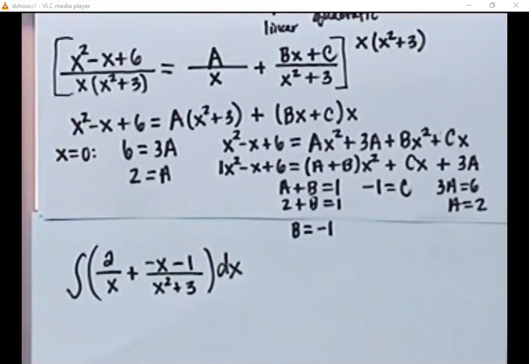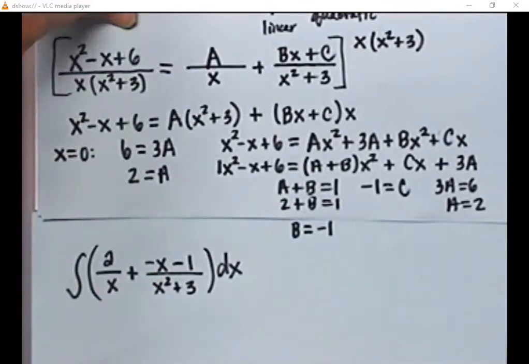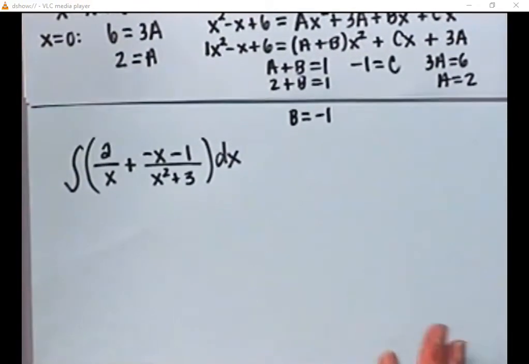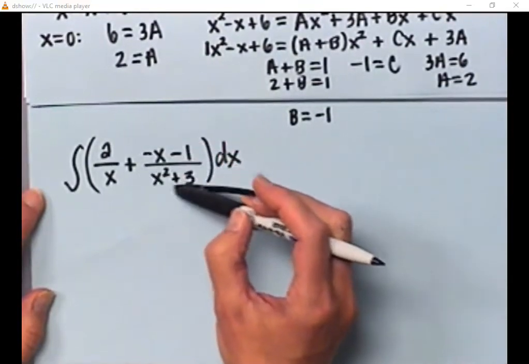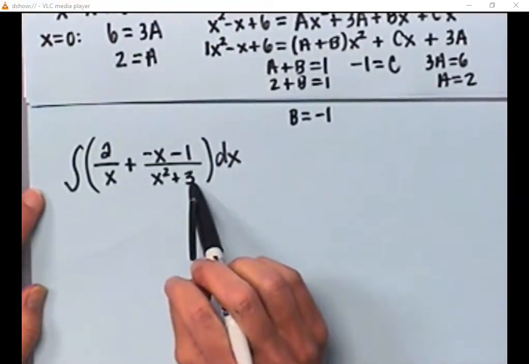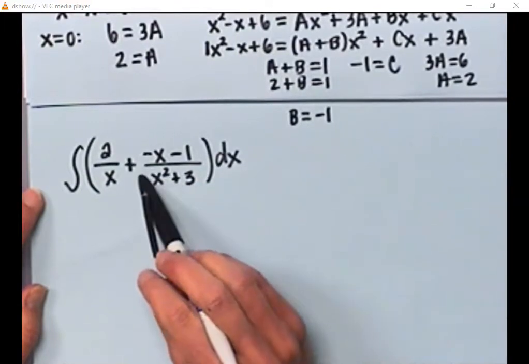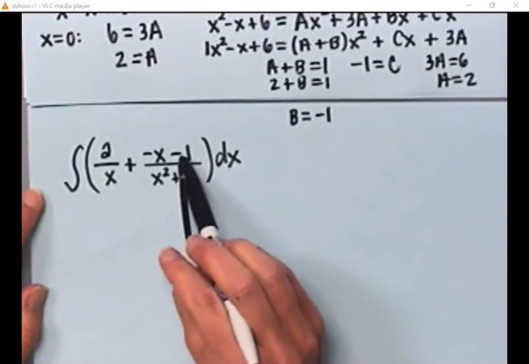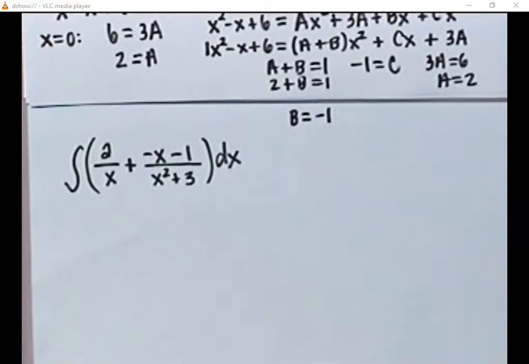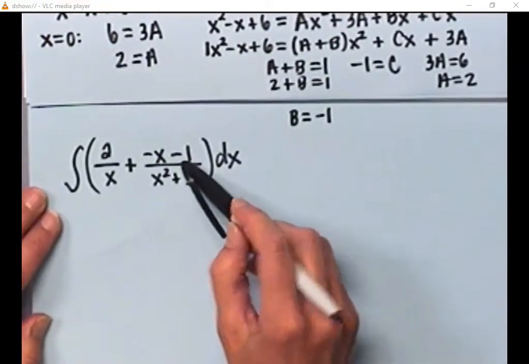Okay, now the question always is, can I integrate this? Gosh, I hope so. Okay, so the 2 over x isn't going to be hard, right? But I see this fraction does not look that great. So I'm not sure, because if I do a u substitution here, I'll get 2x. But the numerator has this extra term with it, and the negative 1, that's not going to really work with a u sub. But here's the thing you can do now that you have 2 terms in this fraction.